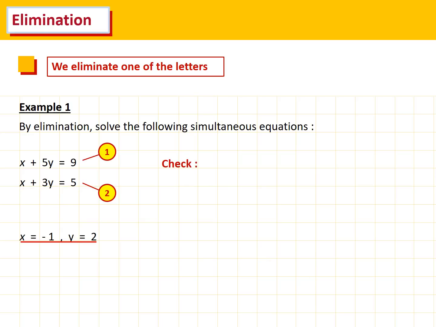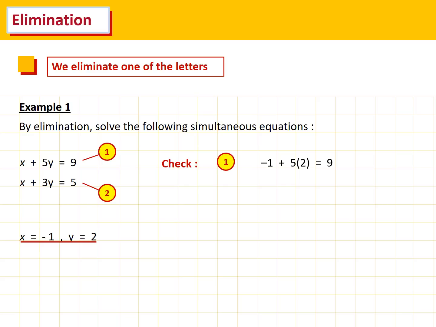Now we can check our answers. If we substitute what we think are the right answers, x equals -1, y equals 2, into the two equations. So in equation 1, x plus 5y equals 9, becomes -1 plus 5 lots of 2, and does that equal 9?